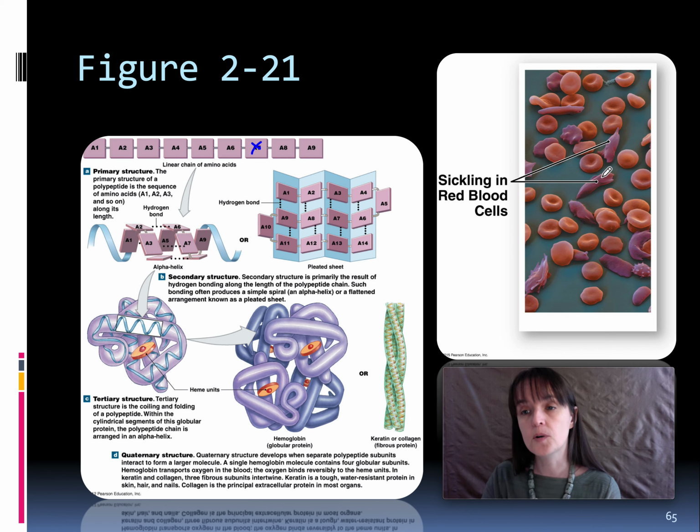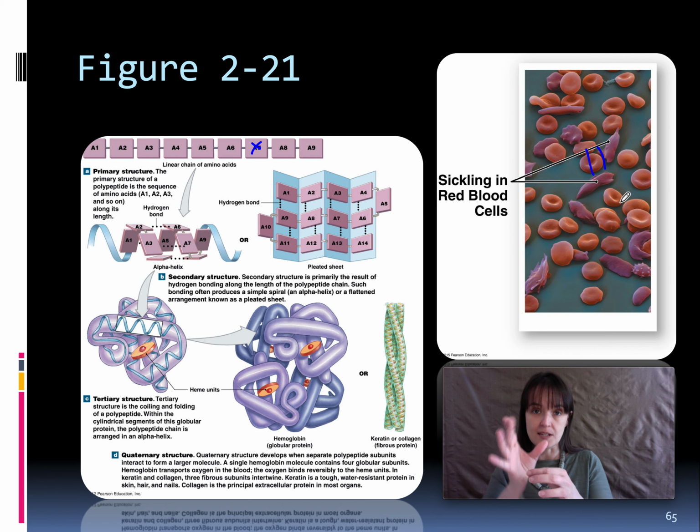Now, if you don't know the problem with sickling in red blood cells, these normal red blood cells, the biconcave discs, can fold in half, and many of the capillaries, which are the smallest of blood vessels, are like half the diameter of a red blood cell, with the expectation that these blood cells will fold in half to slip through.